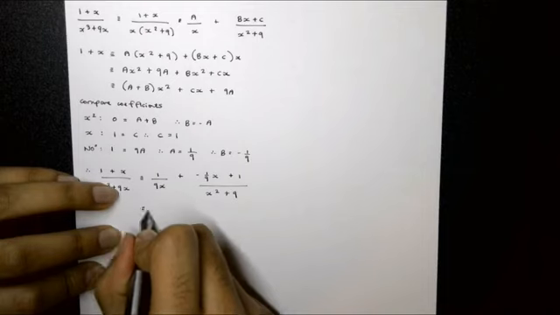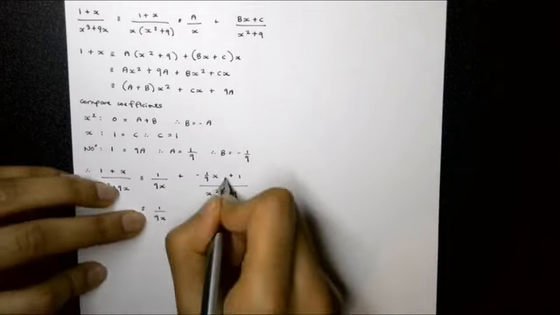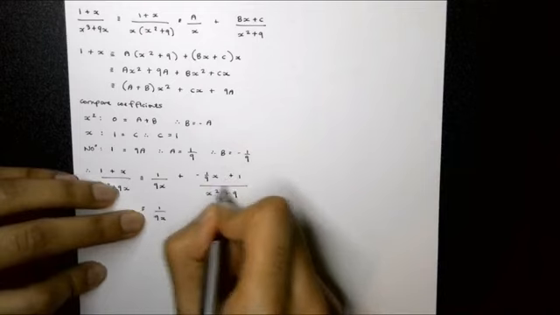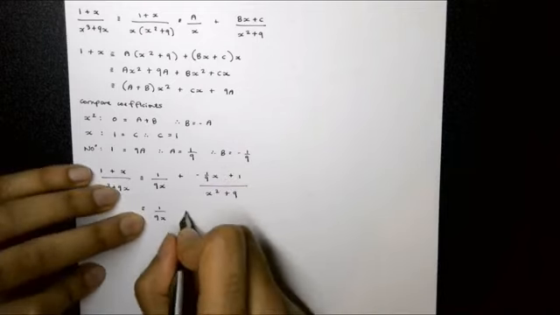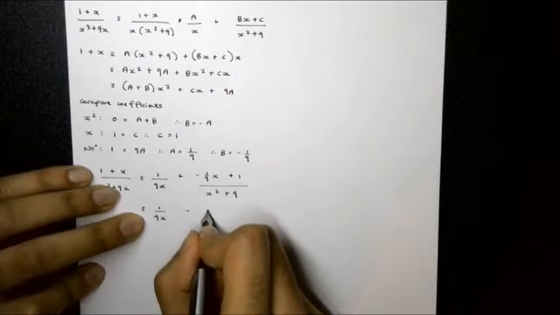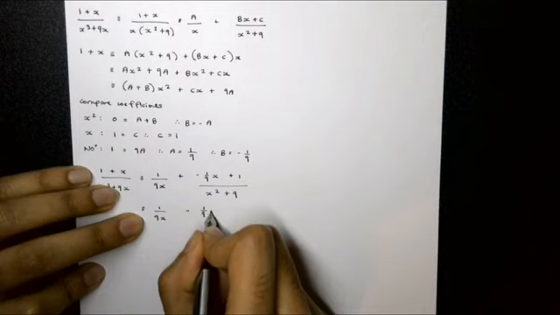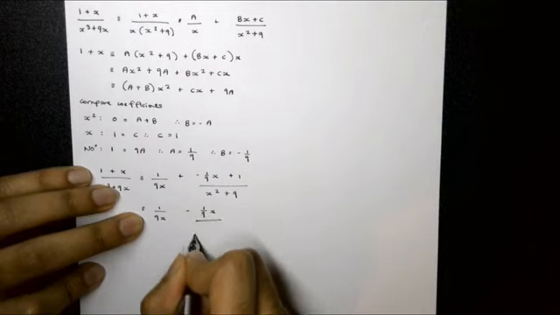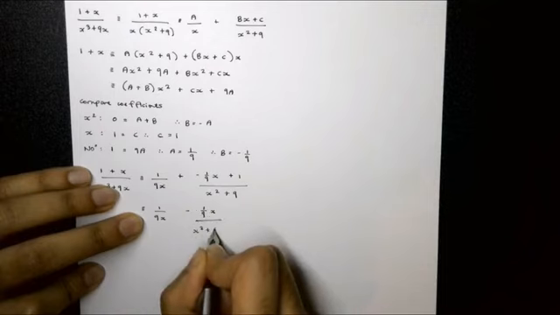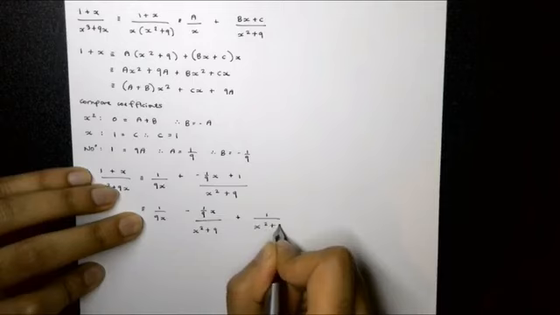Now to do that, we still have this 1 over 9x, that's not going anywhere. This, as we saw in previous examples, we can split up even further. We can split this up as minus 1 over 9 x over x squared plus 9 plus 1 over x squared plus 9.